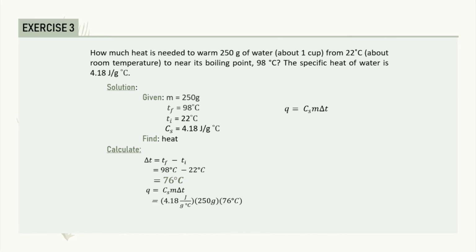Heat is equal to the specific heat, 4.18 joules per gram degrees Celsius, times mass, 250 grams, times change in temperature, 76 degrees Celsius. By multiplying the values and cancelling grams and degrees Celsius, we have 7.9 times 10 to the power of 4 joules.